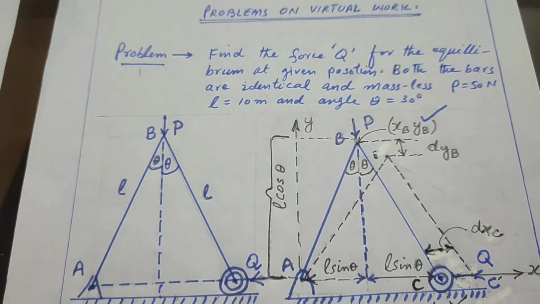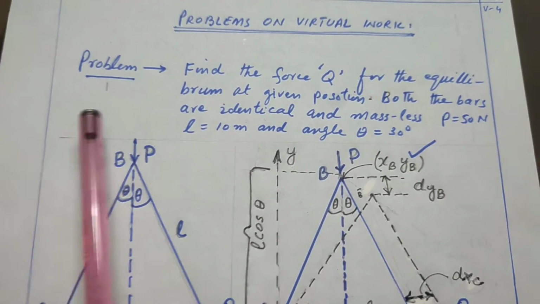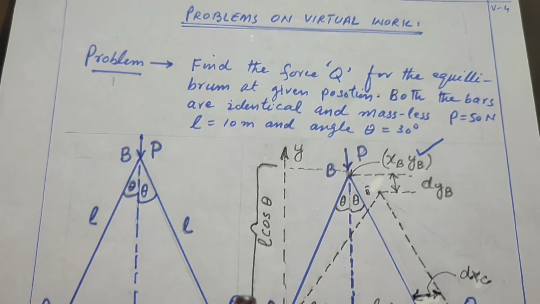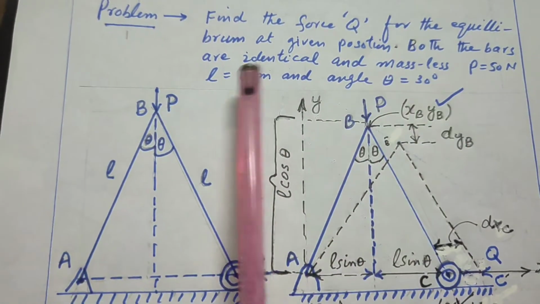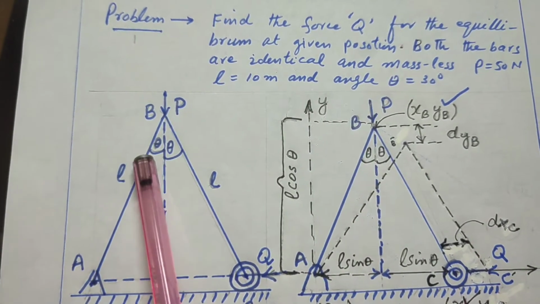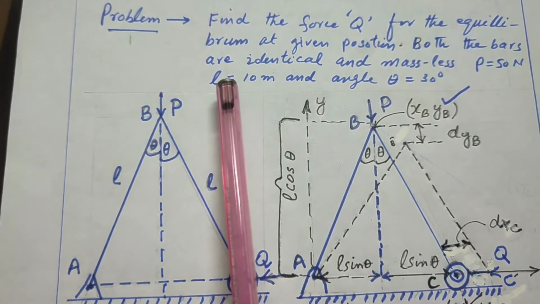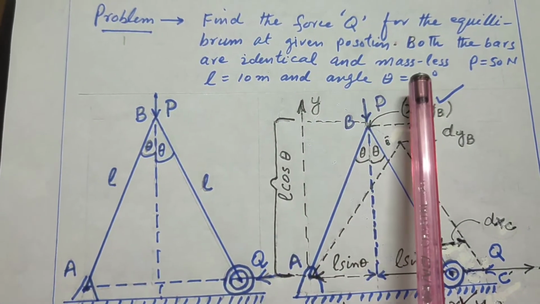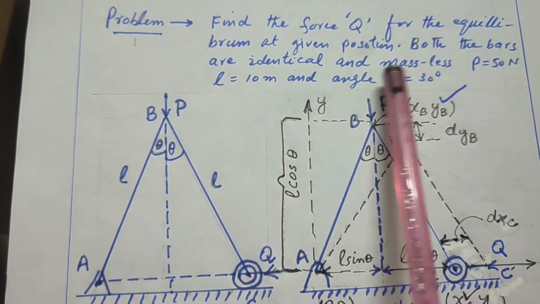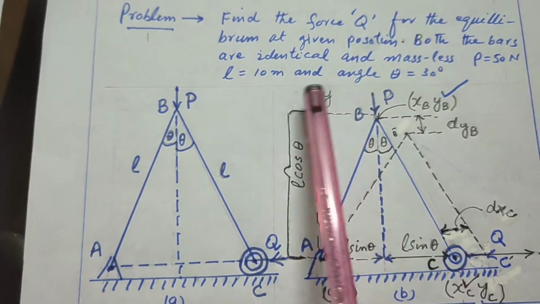Now let's solve a problem. Problem 1 statement: find the force Q for equilibrium at the given position. The given position is theta. Both bars AB and BC are identical and massless.